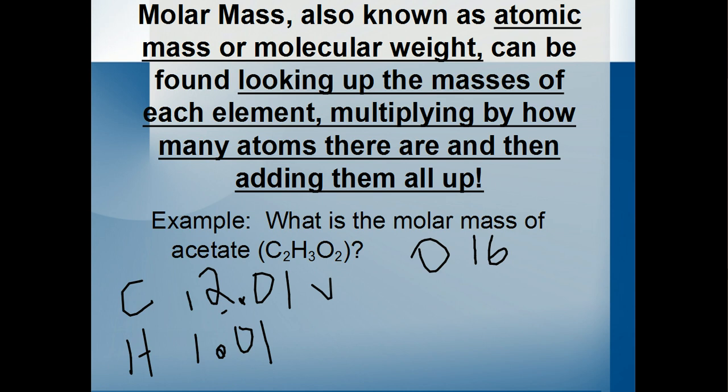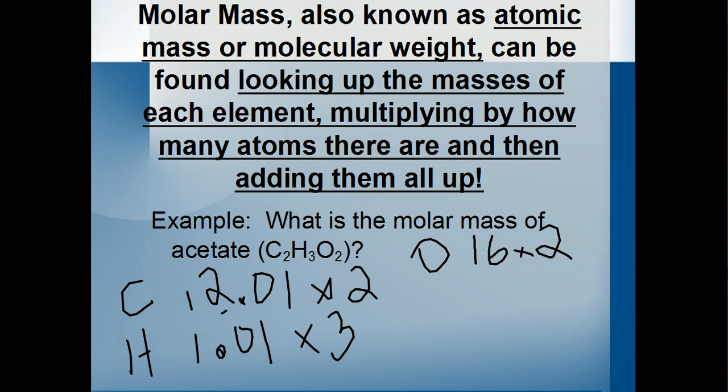We're then going to multiply by how many there are. So there are 2 carbons, 3 hydrogens, and 2 oxygens. We're then going to add all those up. You can do this in separate steps, or you can do this all at once. It just depends what's going on. So 12.01 times 2 plus 1.01 times 3 plus 16 times 2.